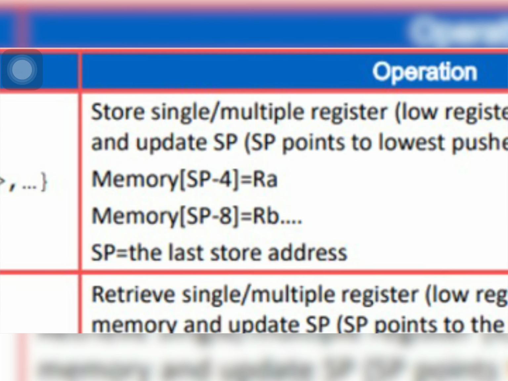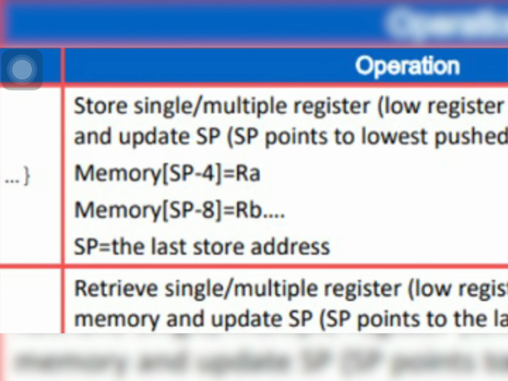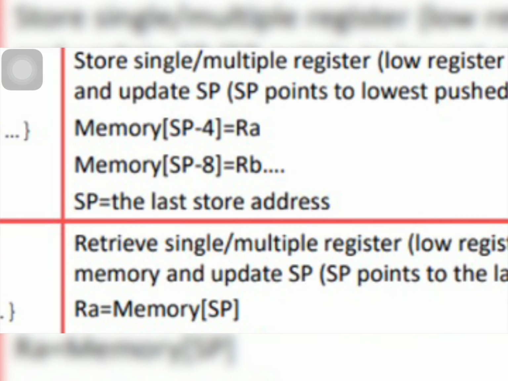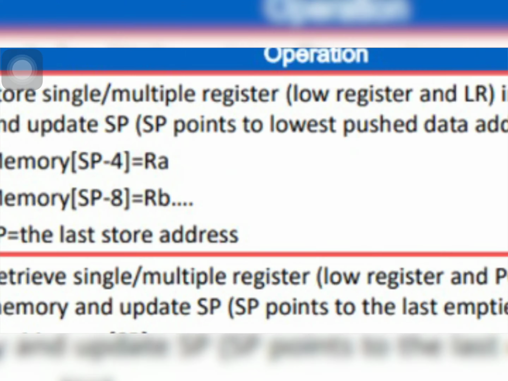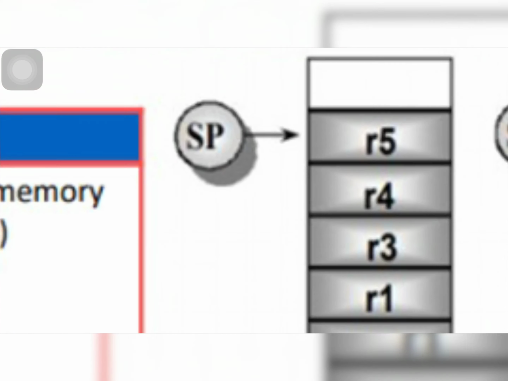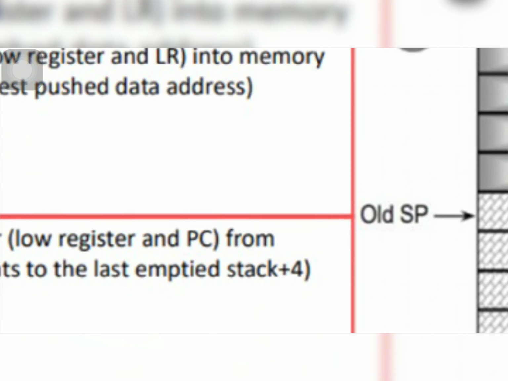What happens in the memory? Let's say the location of RA is hexa 04, then RB should be hexa 08. So the difference between them is 4. The stack pointer points to the last stored address.